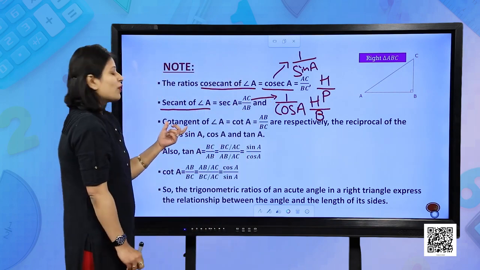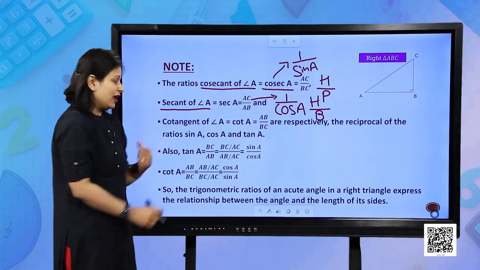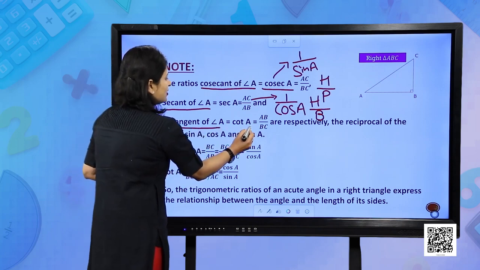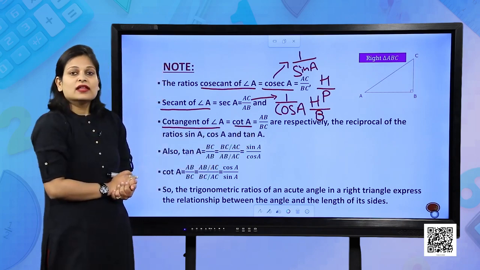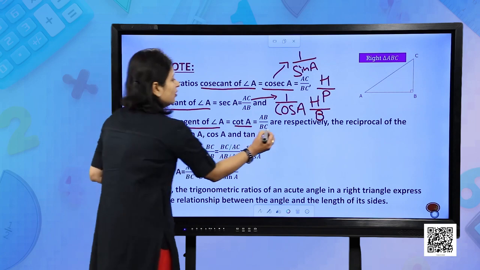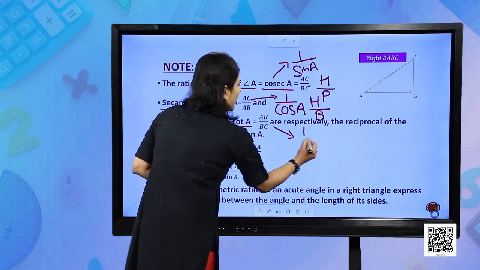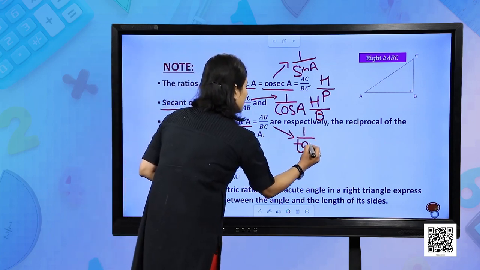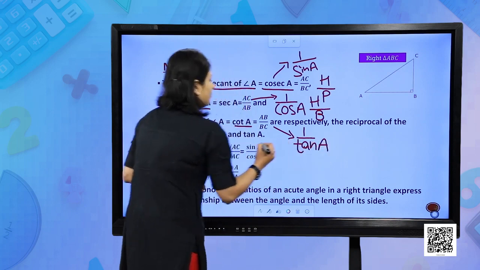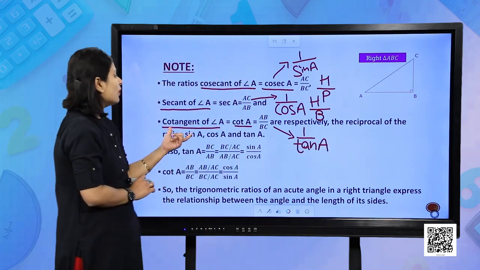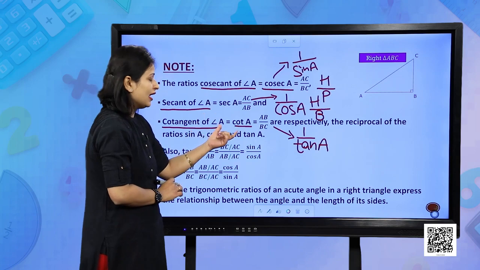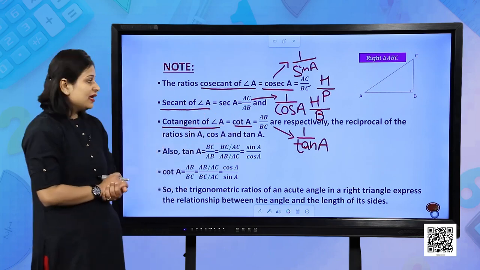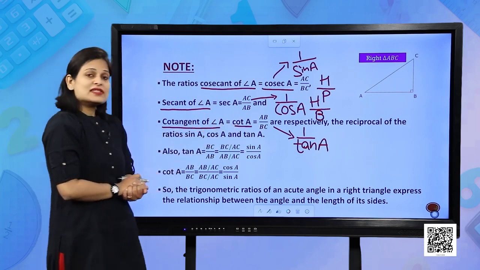Now comes cotangent of angle A, which we usually write as cot A. This is the reciprocal of tan function, 1 upon tan A. Means cotangent of angle A will be AB upon BC.